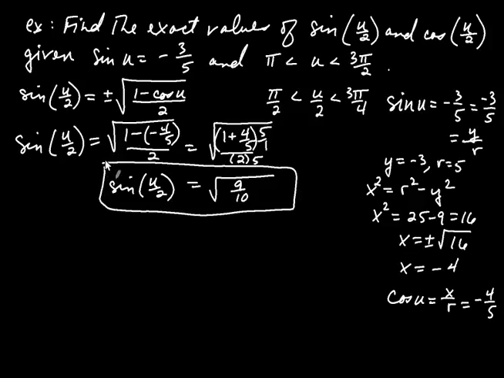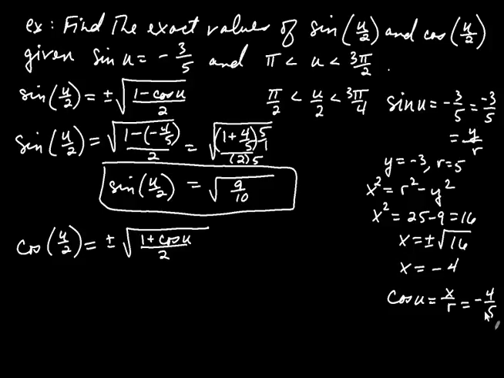Now we're also asked to find cosine of u over 2. So cosine of u over 2 is equal to plus or minus the square root of 1 plus cosine of u over 2. Once again, you have to figure out what cosine of u is.